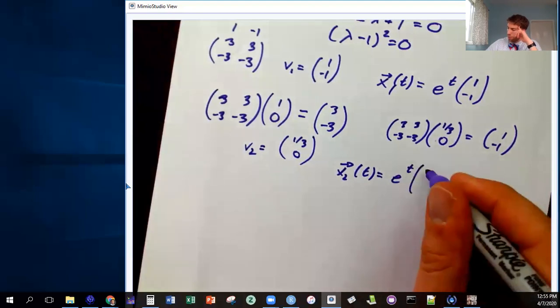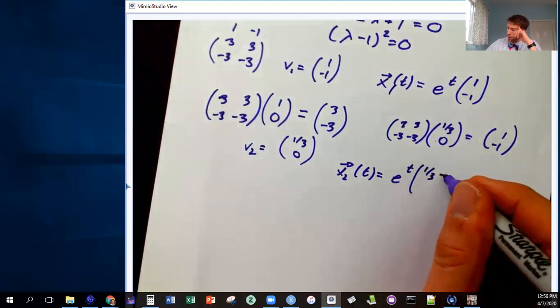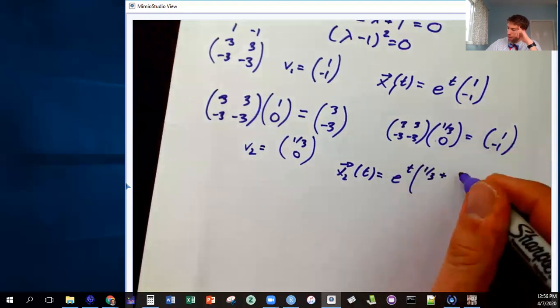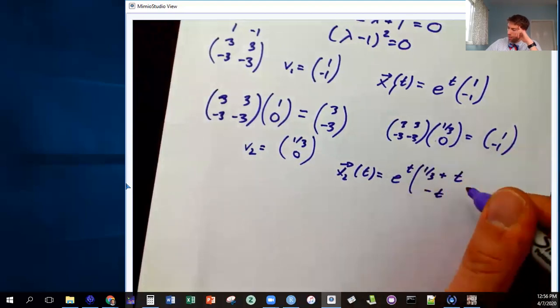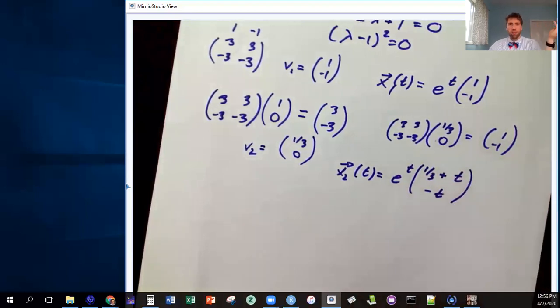So in this case, it's 1/3, 0 plus t times that vector, t and negative t. And that gives me my two solutions.